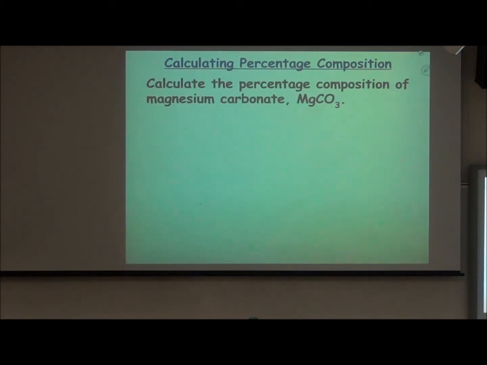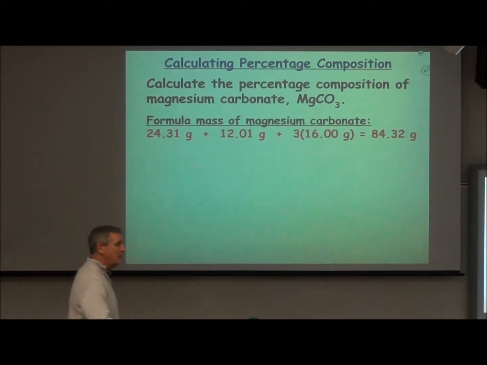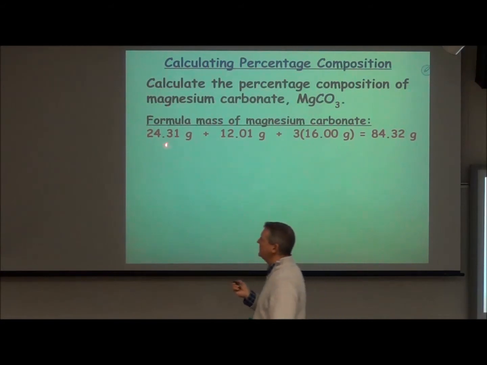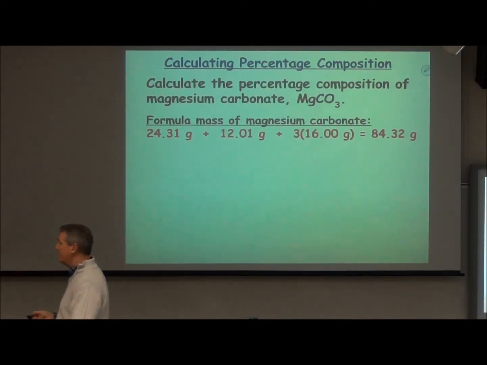So you already know how to find the percent composition of MgCO3. You already know how to name MgCO3, magnesium carbonate. So we're going to use a periodic table to do that. You'll find the mass of magnesium. 1 mole is the atomic mass, 24.31 grams, plus 12.01 grams for 1 carbon.